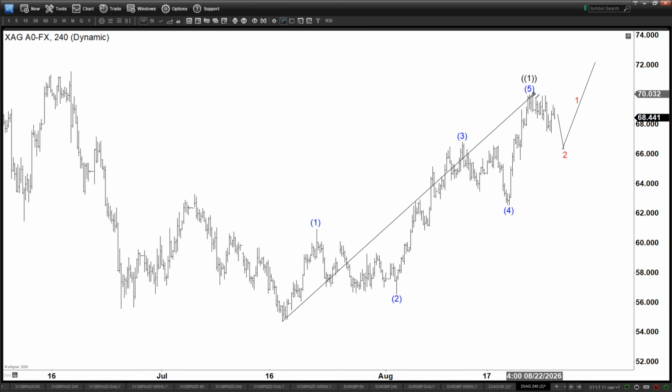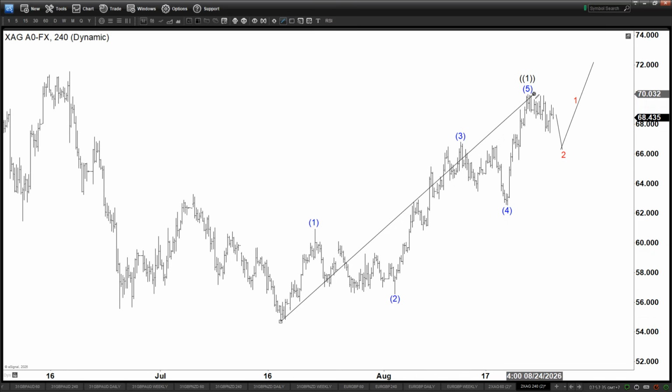So this is the less aggressive view. We finished already 5 waves. We're looking for a bigger degree correction. It could go back to wave 4 of one lesser degree or even more before it turns higher. Now it doesn't change the idea that this is bullish because of the 5 waves, but it does change the idea the pullback can become a little bit bigger.